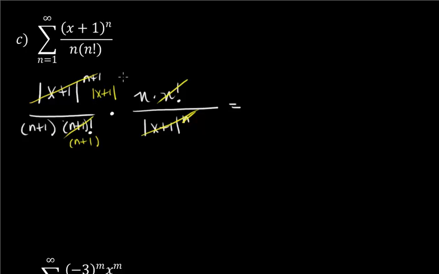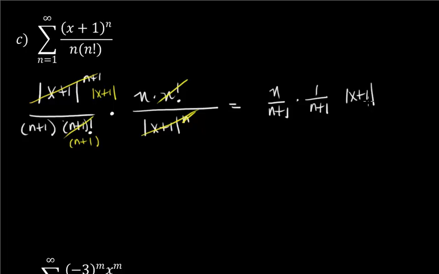So this is, let's see, we have n over n plus 1 times 1 over n plus 1, and we just have the absolute value of x plus 1 here.